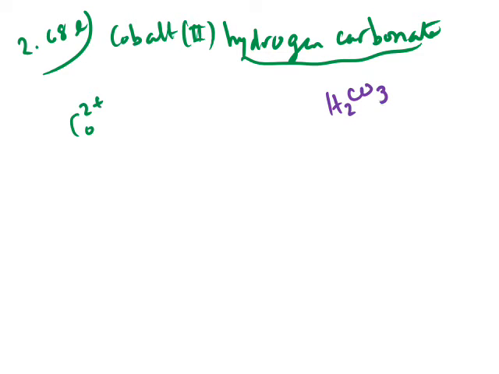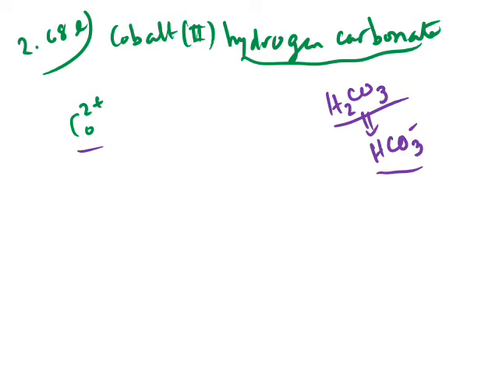That's carbonic acid. If I get rid of one hydrogen from carbonic acid, I end up with HCO3 minus. And that's hydrogen carbonate or bicarbonate. Bi means single hydrogen.